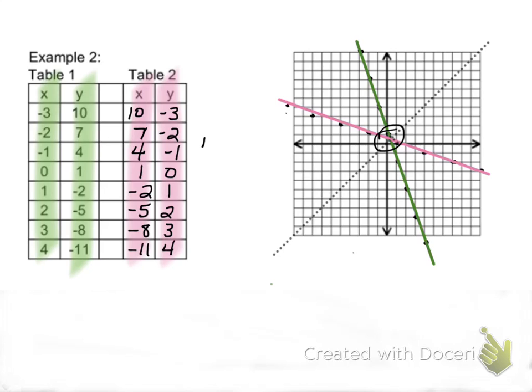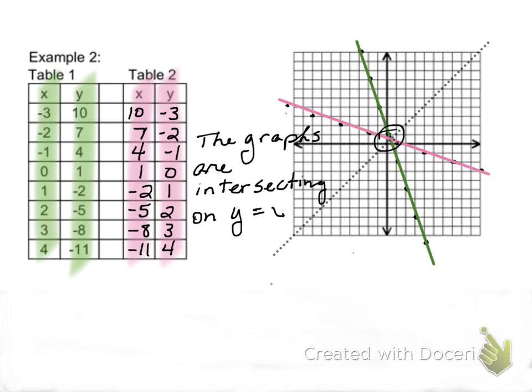So I'm going to mark here that what we will notice is the graphs are intersecting on y equals x. So those are two things we notice from both these graphs.